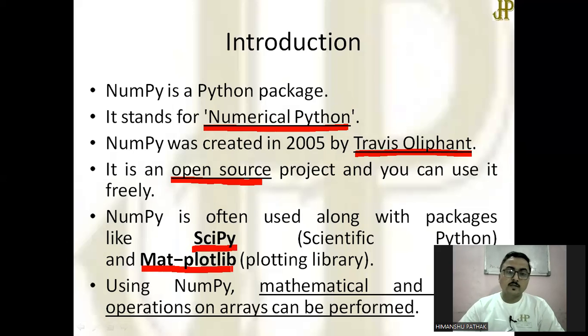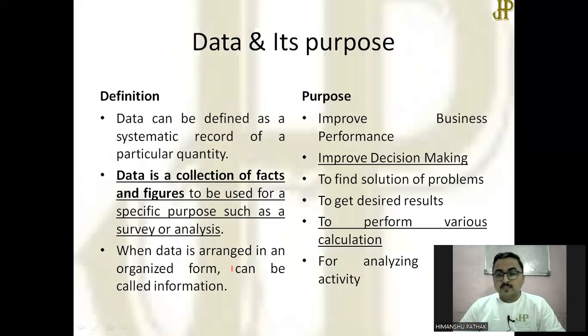Now, moving further, what is data? As we already know, data is a collection of facts and figures, and those facts and figures should be meaningful to a particular field. So data can be defined as a systematic record of a particular quantity.